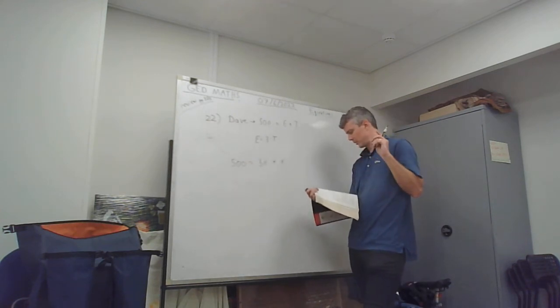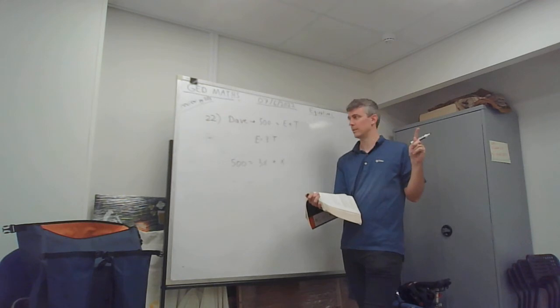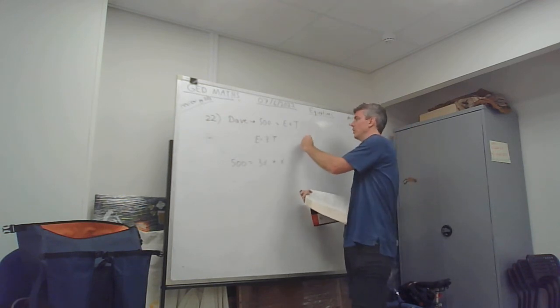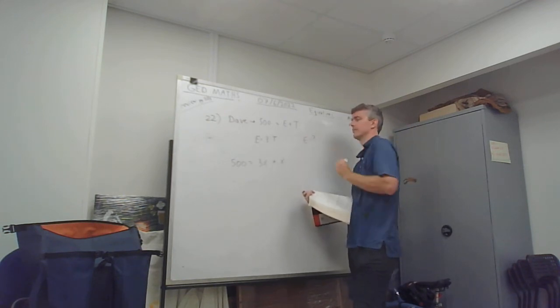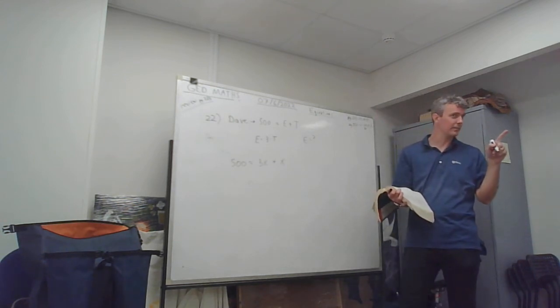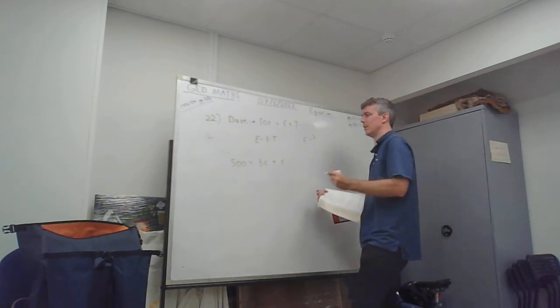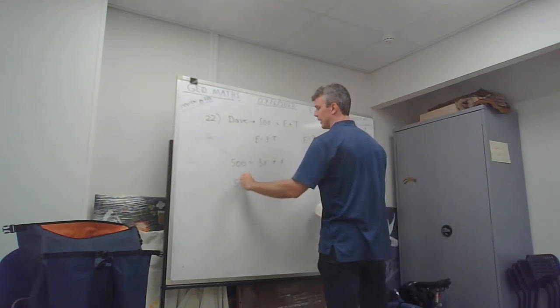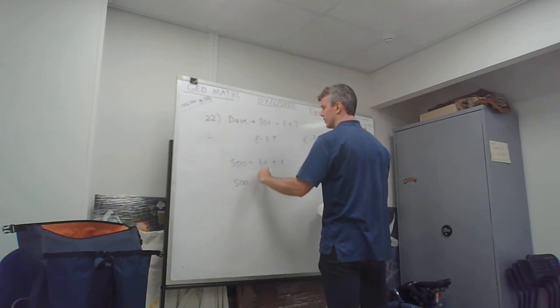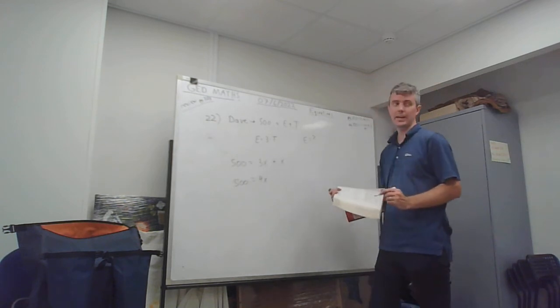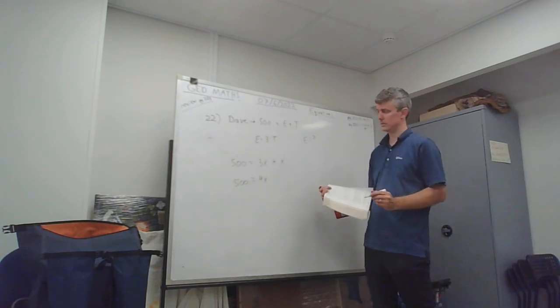And the question though, this is the tricky part. The question wants to know Eric. Not Travis. Eric. Right? So first let's solve for Travis and then we can find Eric. So 500 equals 4x, right? So what does x equal? 125.